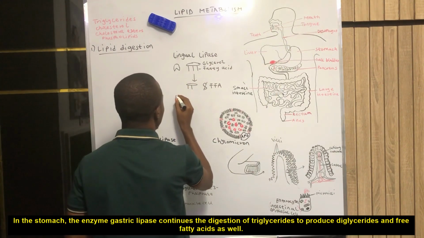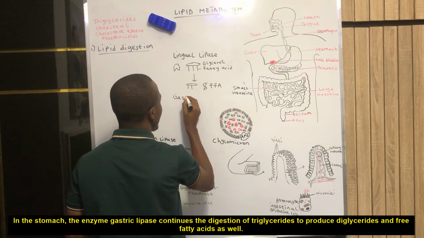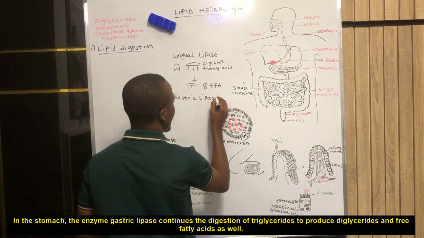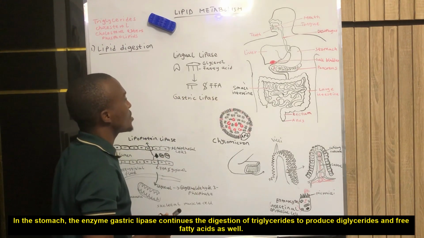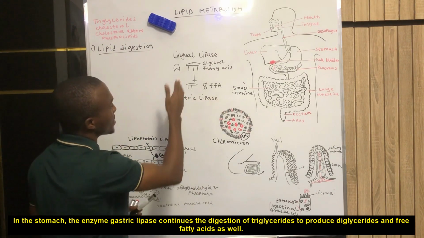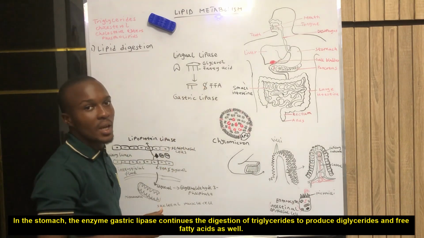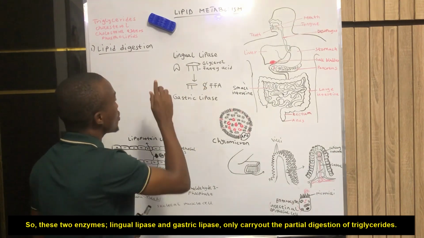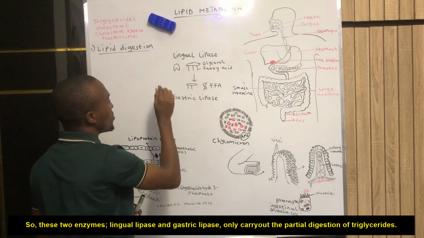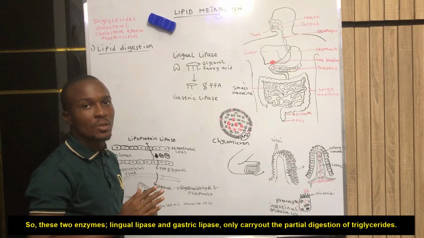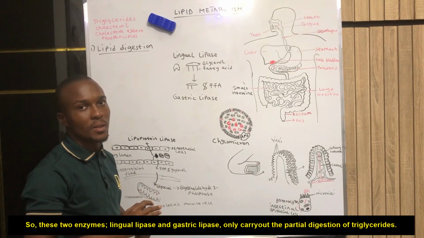In the stomach, the enzyme called gastric lipase continues the digestion of triglycerides to produce diglycerides and free fatty acids as well. So these 2 enzymes, lingual lipase and gastric lipase, only carry out the partial digestion of triglycerides.